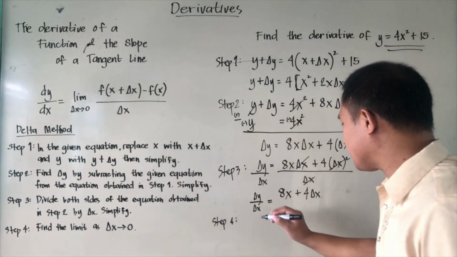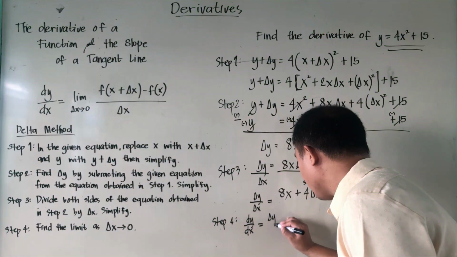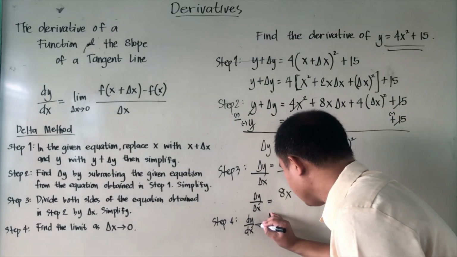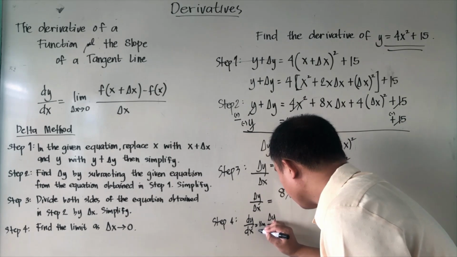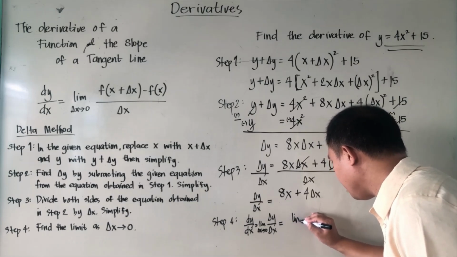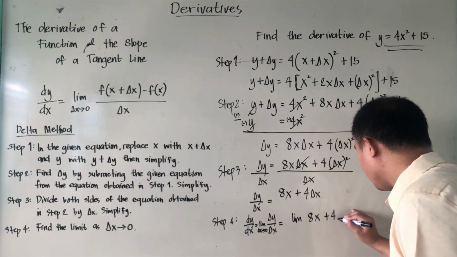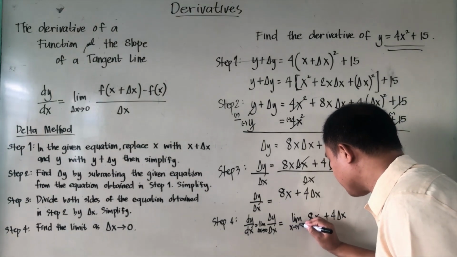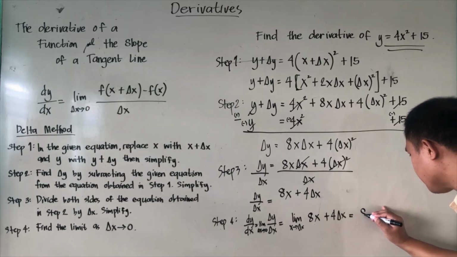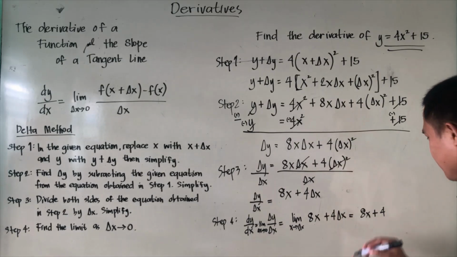Step 4 states that dy over dx, or change in y over change in x, is equal to, or should I say, the limit as delta x approaches 0 of 8x plus 4 delta x, which is equal to 8x plus 4 times what is delta x?